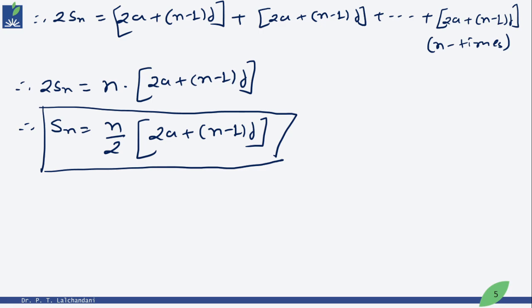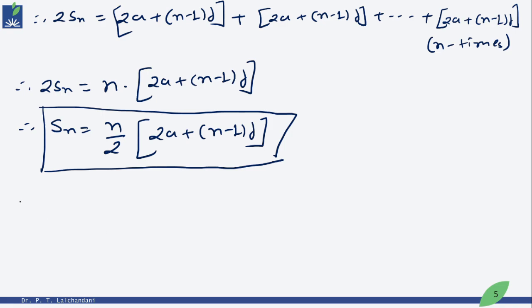If some number is in addition, if you take on the right hand side, then it will become subtraction. But this is not the fact. Here what we are doing, we are dividing this equation with 2, right? So 2 upon 2 cancel out 1, and here it will be n divided by 2, right? So this is the formula to find out sum of first n terms.